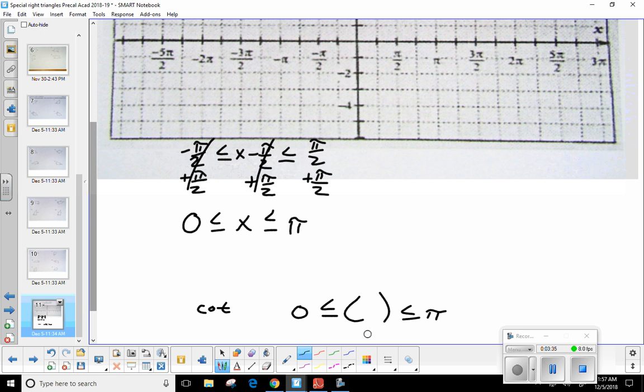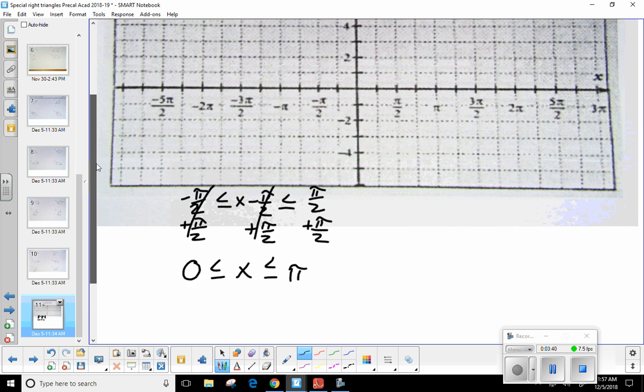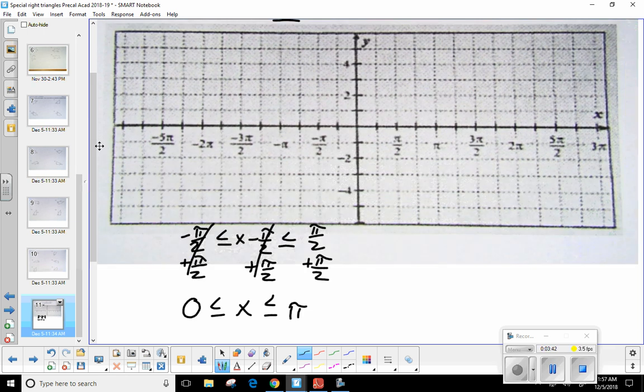Okay, now let's turn to the critical values. Now, just like sine and cosine, there's going to be 5 critical values, and we didn't really talk about critical values for secant and cosecant because we were graphing the reciprocals, sine and cosine, so we just stuck with those. But when we're talking about one period of tangent, the no solution, what does that refer to graphically? Remember, that's an asymptote. Now, it's got to be one of two things.